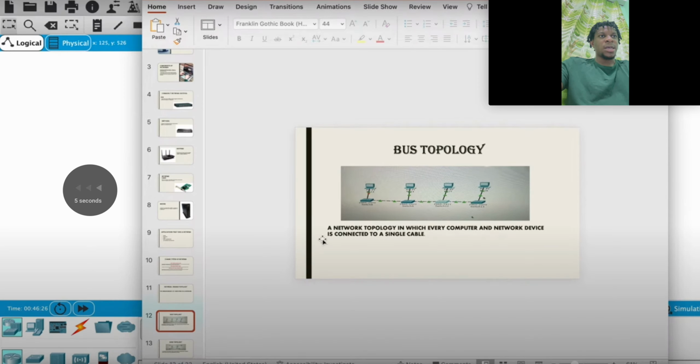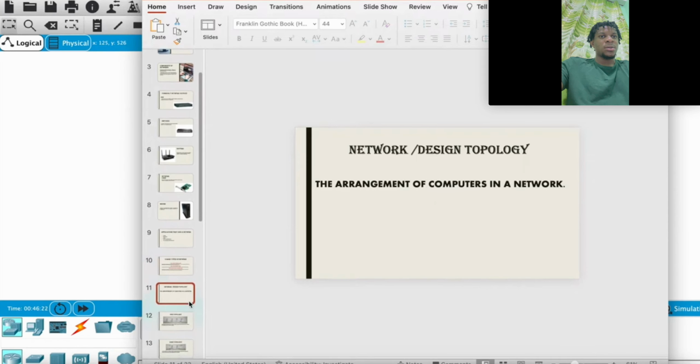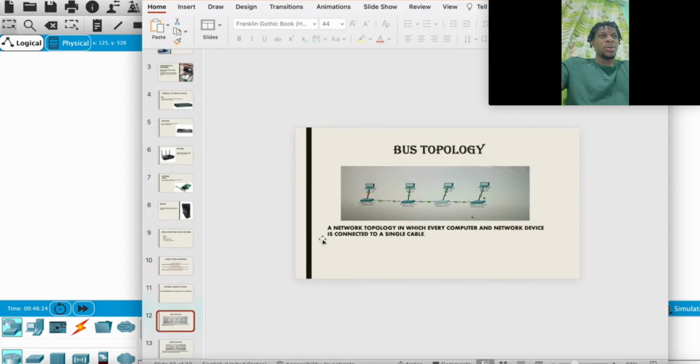Network design topology, the arrangement of computers in a network. Bus topology, the network topology in which every computer and network device is connected to a single cable. That's the definition of bus topology.